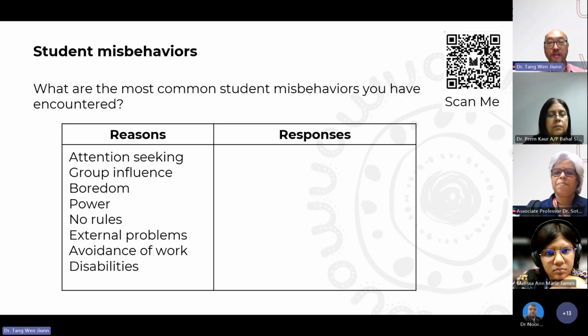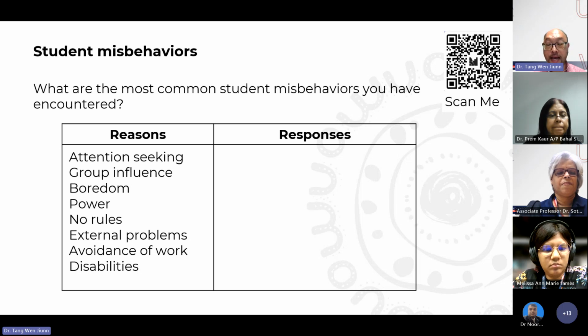The so-called typical students, the no-issue students, we still pay attention to, but less. We focus more on those seeking attention. If we can know the reasons they do those things, then hopefully with certain adjustments, we can change their attitudes in the class.